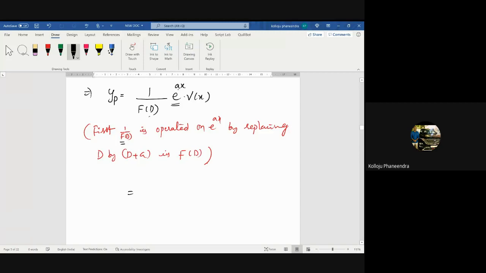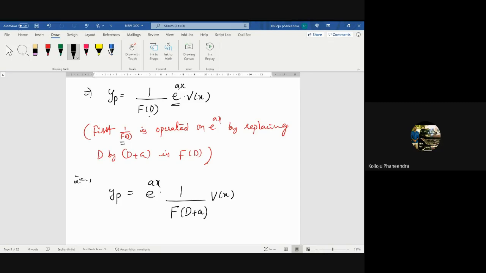Meaning is what? That is, yp equals e power ax in front, times 1 by f of d plus a, replacing d by d plus a, into v of x. Whenever the operation is over, 1 by f of d operated means you write e power ax in front and replace d by d plus a into v of x.